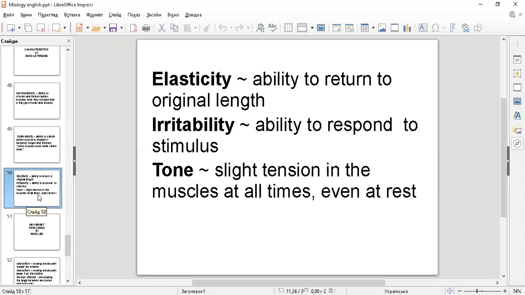Irritability: ability to respond to stimulus. Tone: slight tension in the muscle at all times, even at rest.